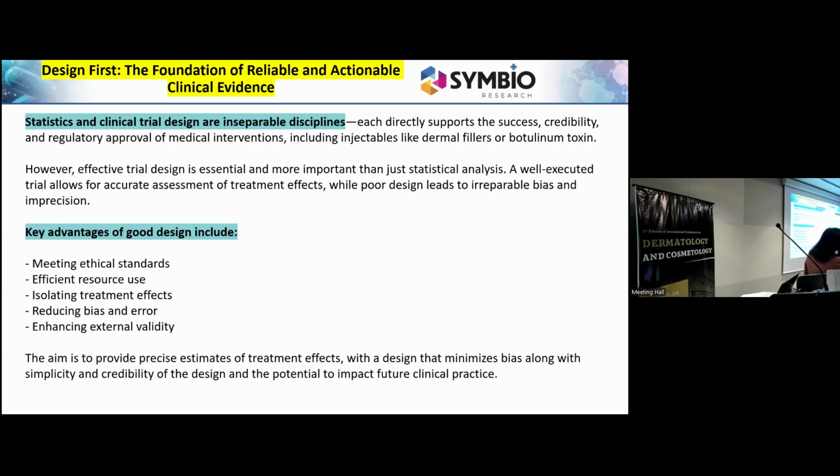Reducing bias and errors. Next is enhancing external validity. The aim is to provide a precise estimate of treatment effect with a design that minimizes bias, along with simplicity and credibility of the design and potential to impact future clinical practice. Now, needless to say, whatever we are doing in any sort of dermatology or cosmetology research, we want it to be reproducible.